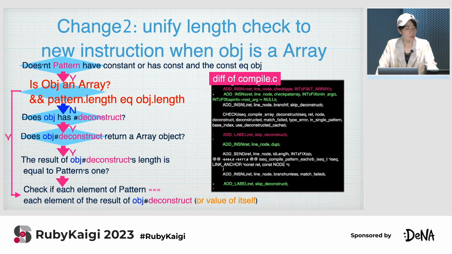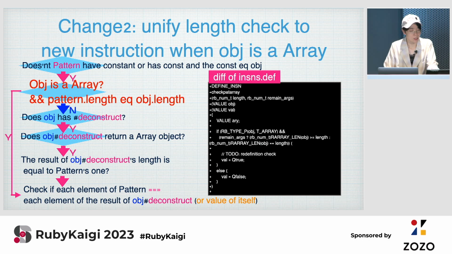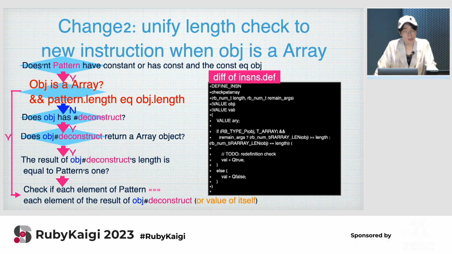And to reduce the cost of adding many instructions, unify the length checks to the new instruction. My change is calling the new instruction, checkmatch array, and adding the new instruction to the instructions definition file. I only add some lines.